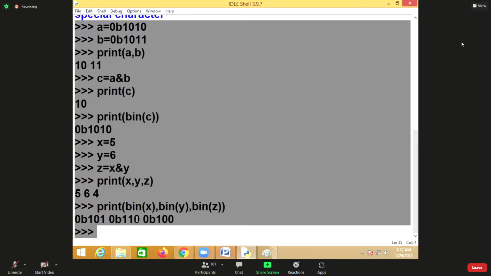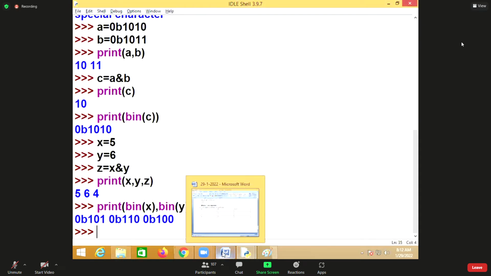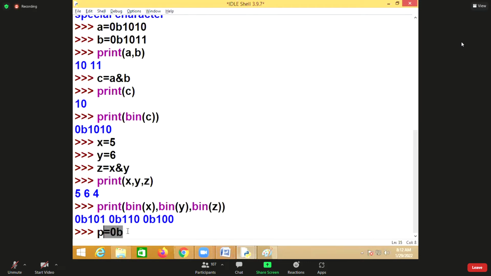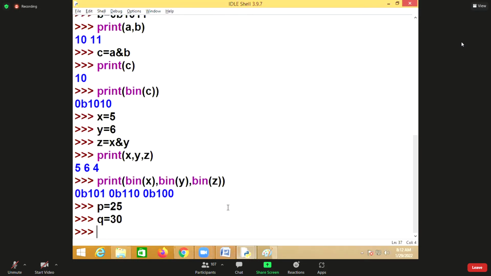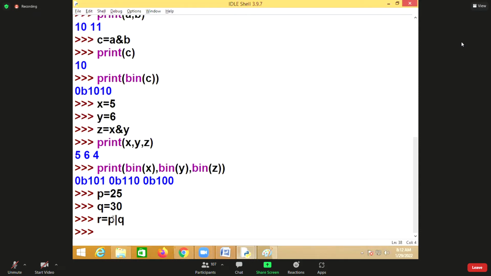If you see this one, for example, suppose P equal to 25 and Q equal to 30, and R equal to P OR Q. Now this is which operator?